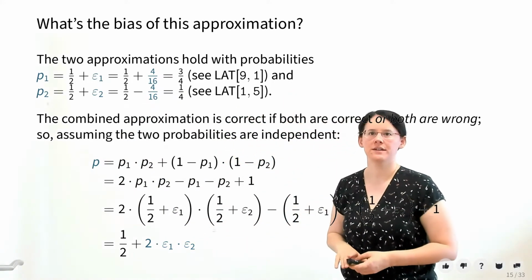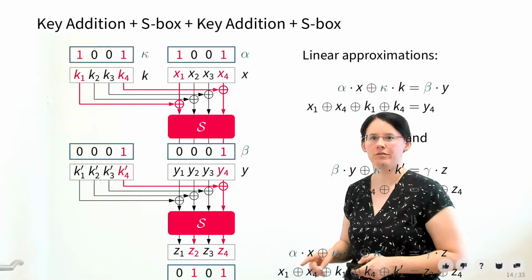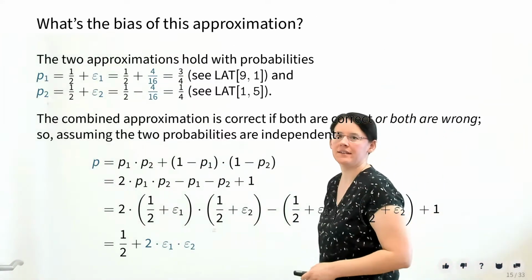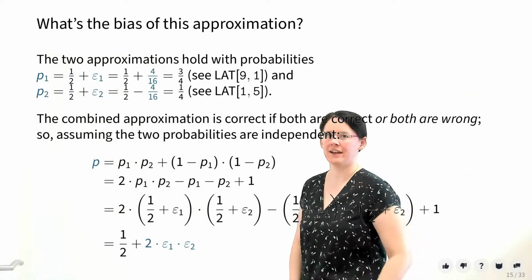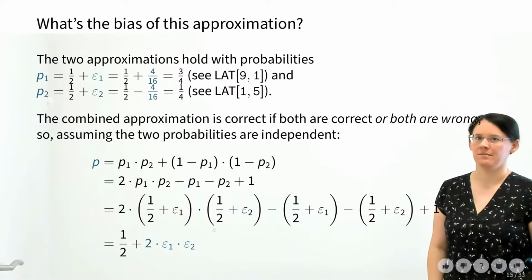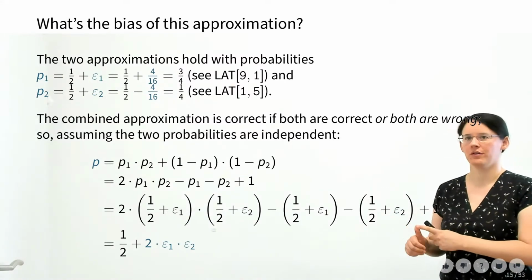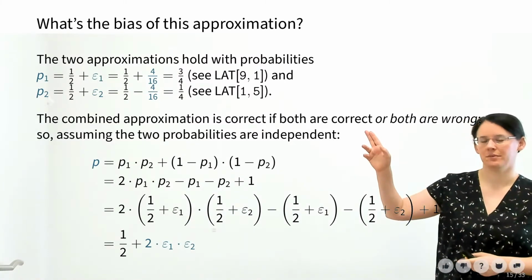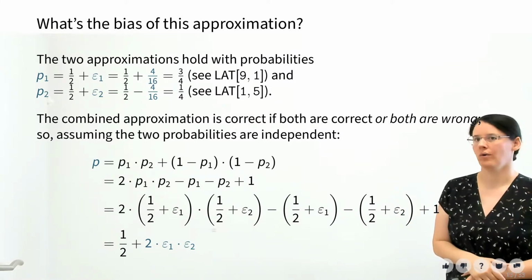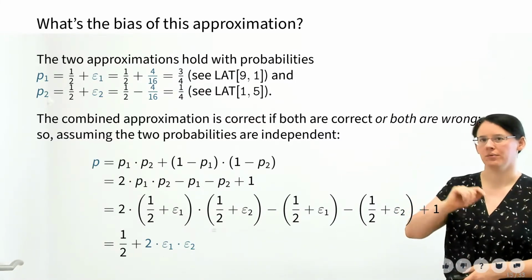What we don't know is what the combined probability of this entire equation down here is. And now this entire equation is actually correct in two possible cases. Namely, if both of the approximations for the first and the second Sbox are correct, or if they are both wrong.